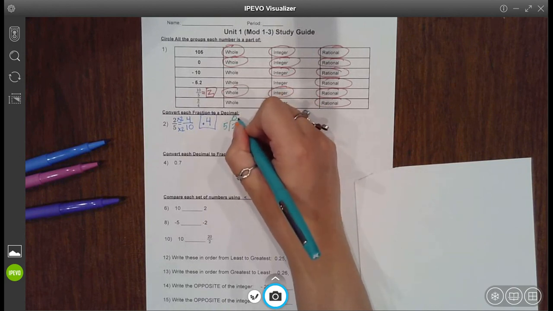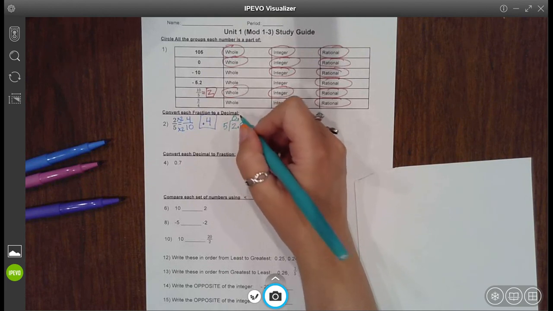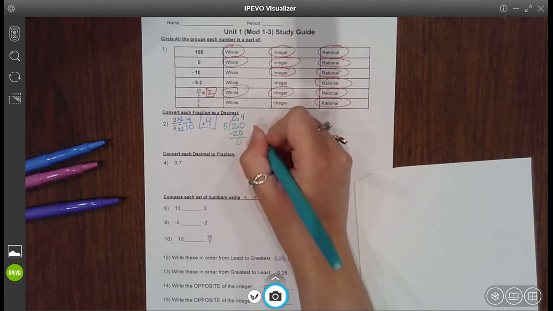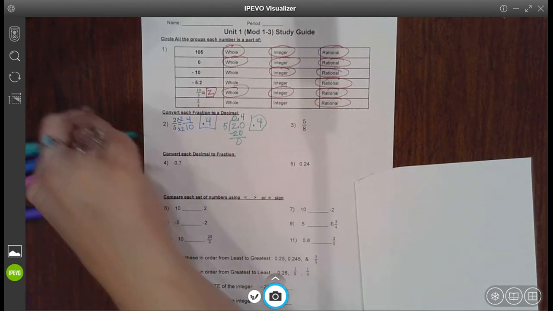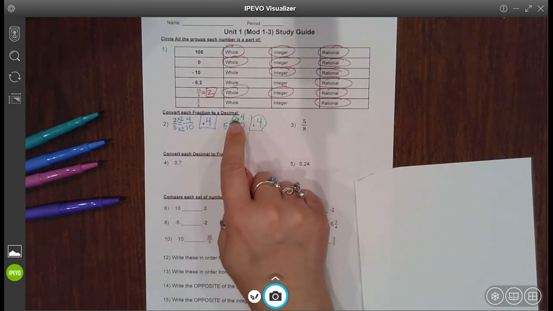So what I do is I add a decimal and a 0. Now I have 5 into 20, which it can go in 4 times. And I still get 0.4, whether I did it this way or this way. This way is easier sometimes, but this way doesn't always work. If your denominator can't become 10 or 100, then you always need to rely on long division.